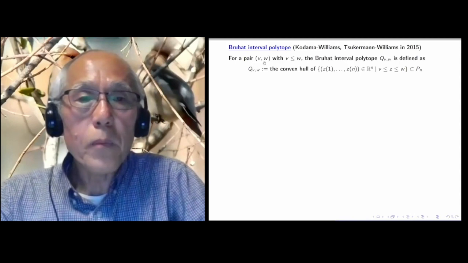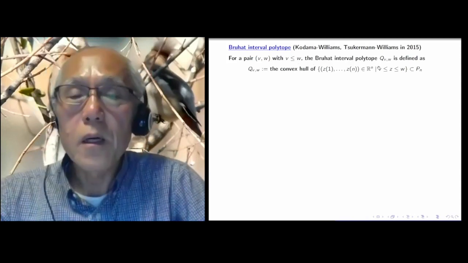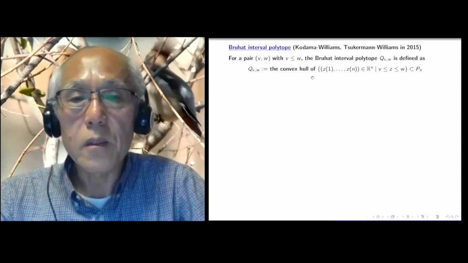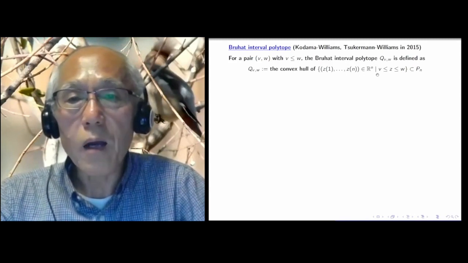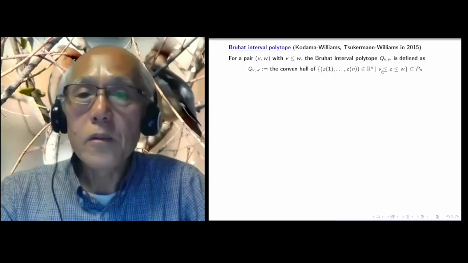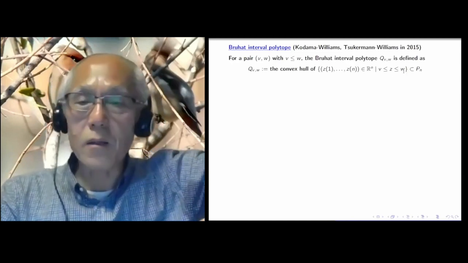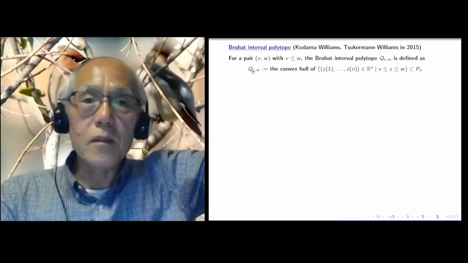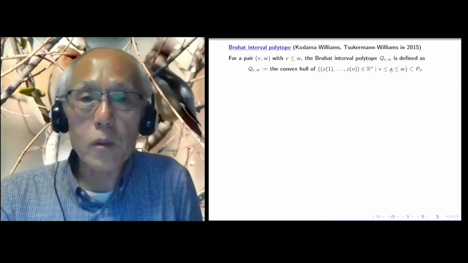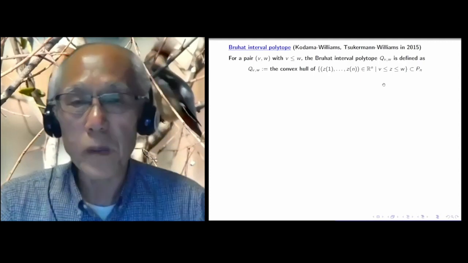I take a pair of permutations B ≤ W in Bruhat order, look at all elements Z in the Bruhat interval, take the points in R^n associated to Z, and then take the convex hull. If B is the identity and W is the maximal element, then this Bruhat interval polytope is nothing but the permutohedron, because all elements of the permutation group appear in that case.